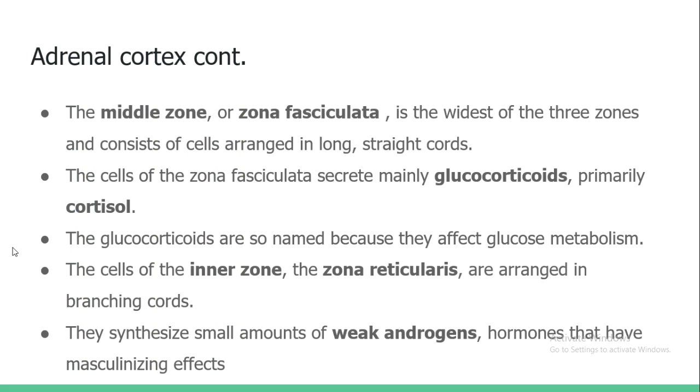The glucocorticoids are so named because they affect glucose metabolism. The cells of the inner zone, the zona reticularis, are arranged in branching cords. They synthesize small amounts of weak androgen hormones that have masculinizing effects.